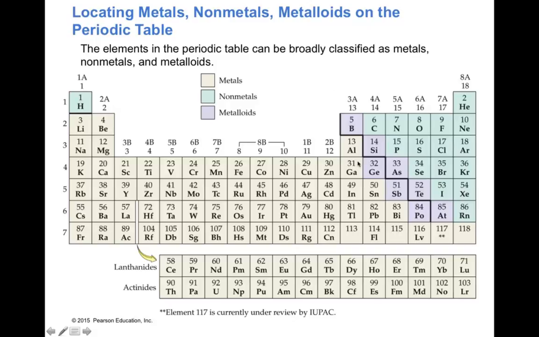So for now, from the right side of the ladder, in greenish, all are nonmetals. From the left side, all the yellowish are metals, with the exception of hydrogen. And we have the group directly in contact with the ladder, which are known as the metalloids.